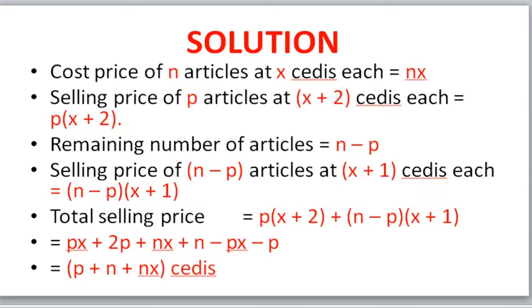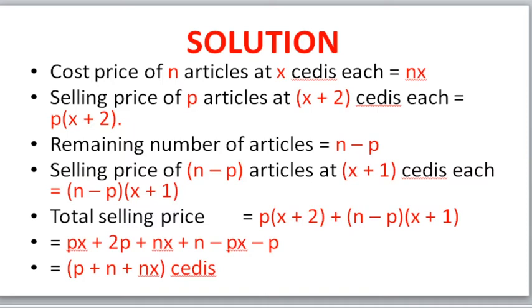So applying the analogy I've just given you, our N, which represents the 50, is going to be N minus P, which is 50 minus 30. That is the remaining oranges. But getting back to the question, the remaining number of articles is going to be N minus P, which means the total number of articles, and looking at the ones that remain when you take the P out of it.